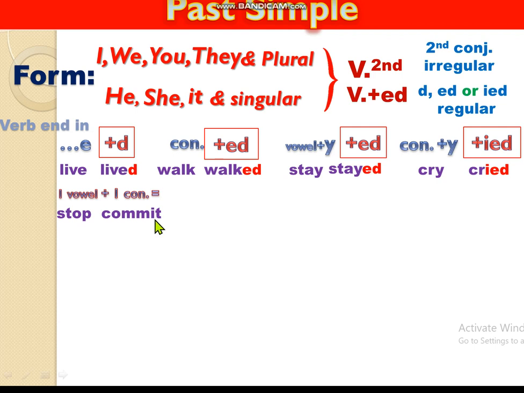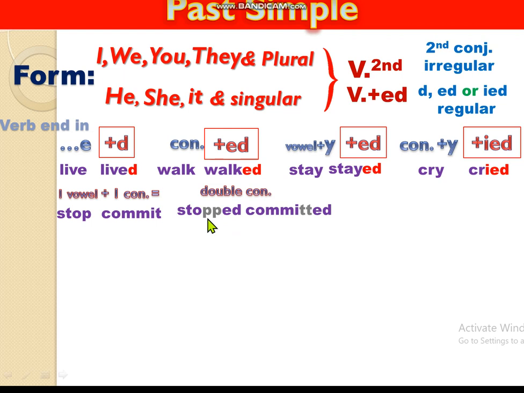Just because the stress was at the end of the verb. But of course, with monosyllabic verbs, we always double the last consonant letter, like that: stopped and committed.